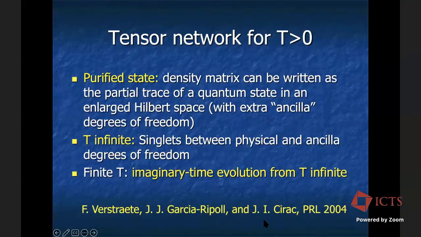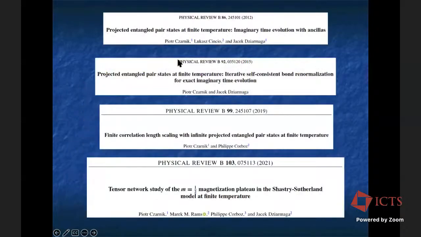This was proposed in 2004, but it wasn't really developed until more recently, where there were a number of papers, including some with Philippe Corbeau, but otherwise by the Polish group, Piotr Czarnik and Jacek Dziarmaga, who put this to work and showed that it is actually possible to do some simulations.